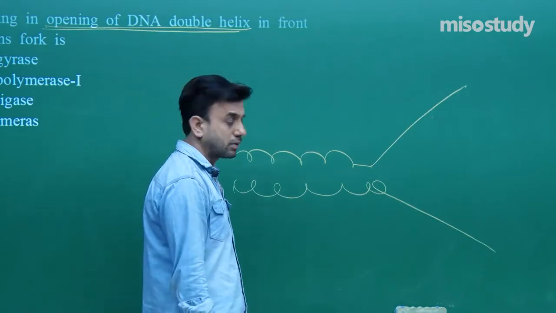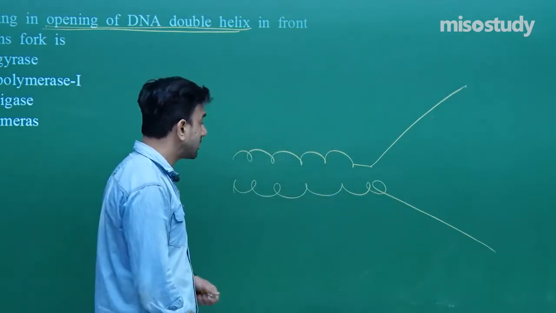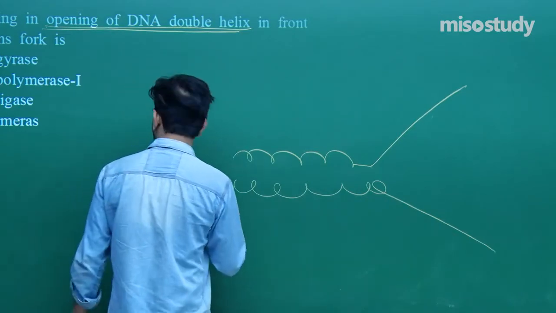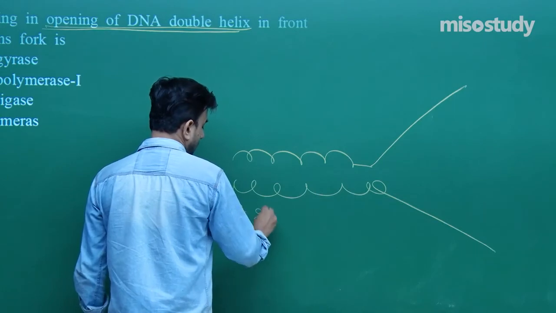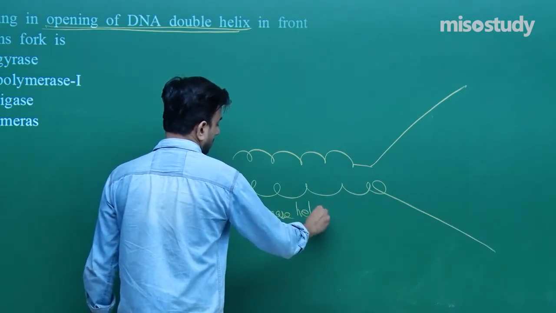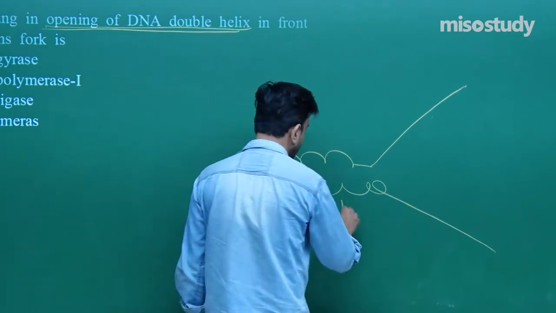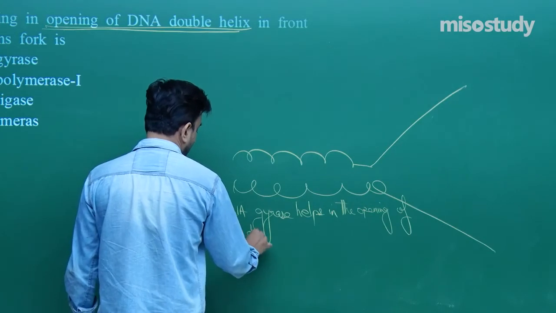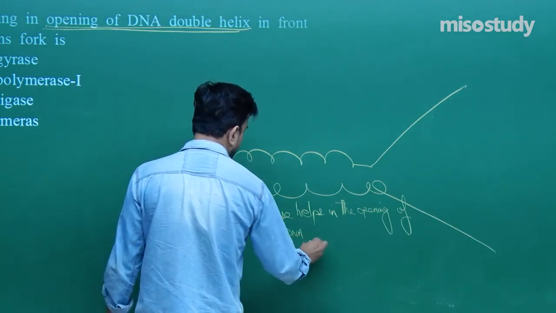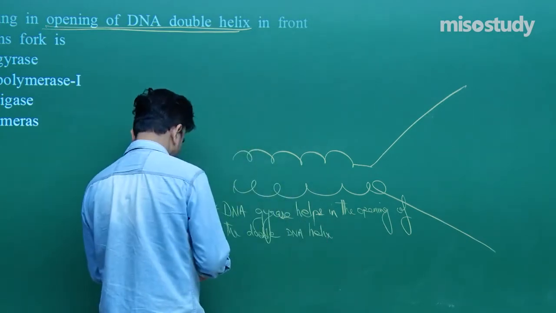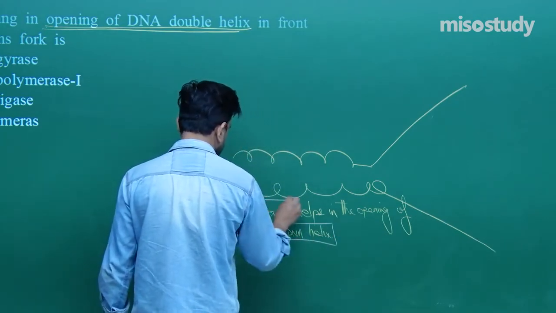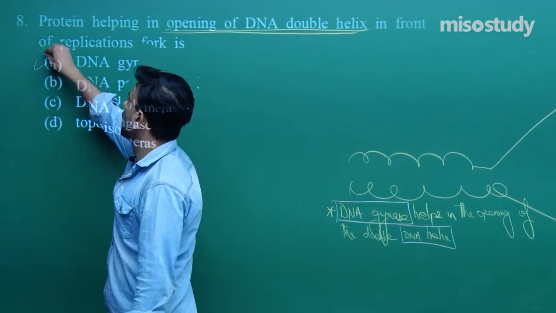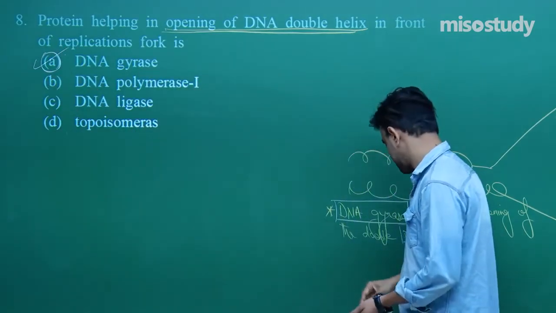This is the double helix, and we see it opens like the replication fork, and that is what we can say, the enzyme DNA helicase. DNA helicase helps in the opening of the double DNA helix.